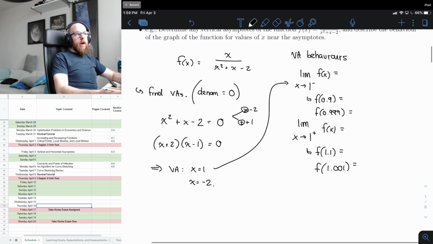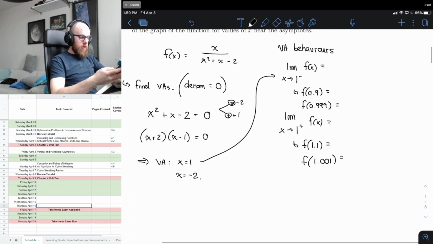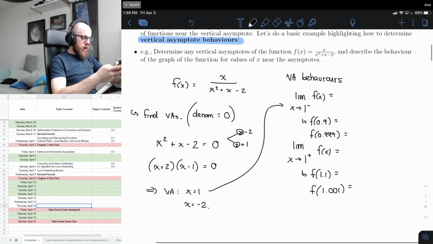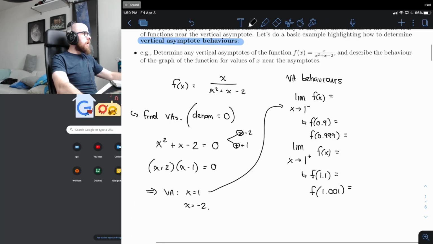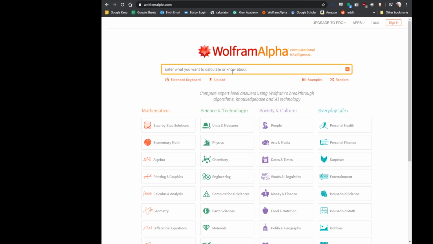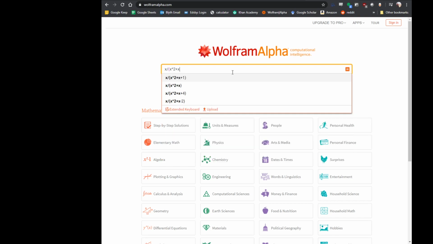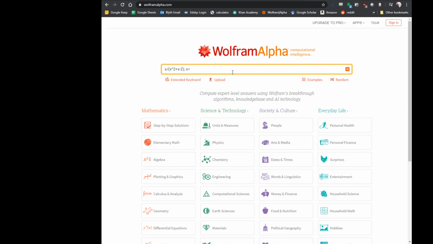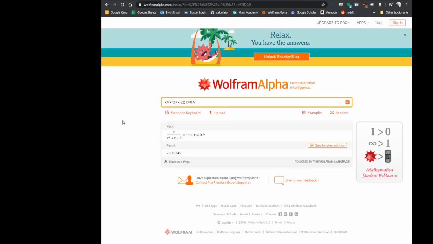So that's one way of doing it. Let's see what that gives us when we plug these in. Actually, let me do this in Wolfram Alpha so I don't have to keep typing it into my calculator a whole bunch of times. So I have x over x squared plus x minus 2 when x is equal to 0.9. I get negative 3.10345.